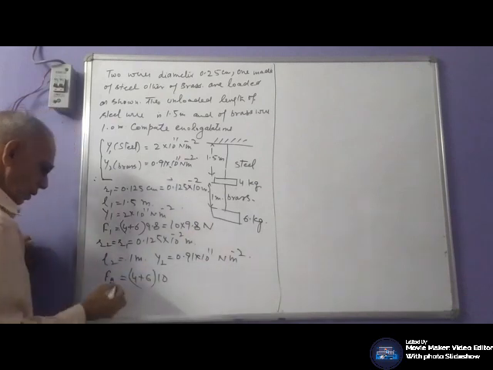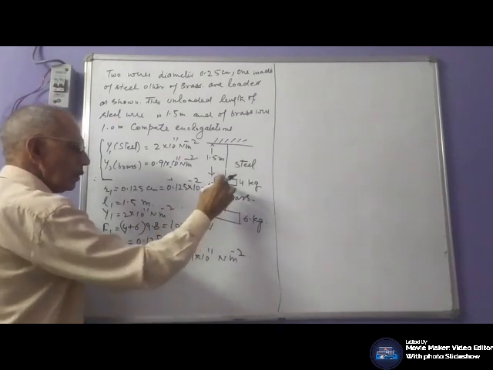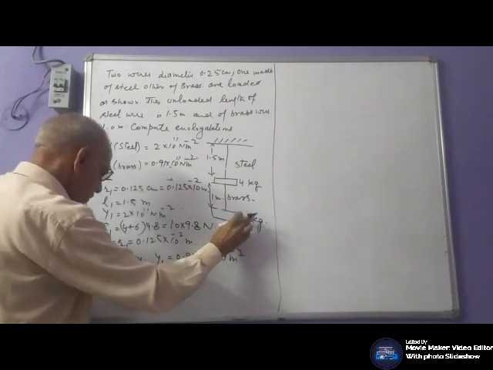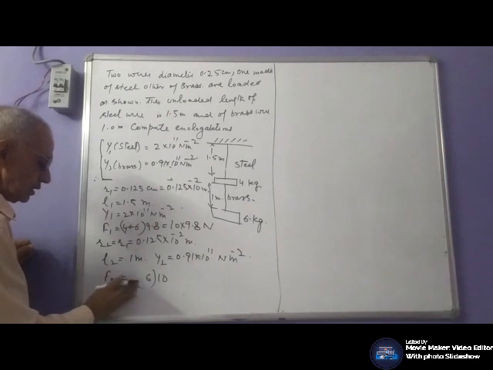Here, on this wire, only this mass is suspended, this mass means 6 kg.